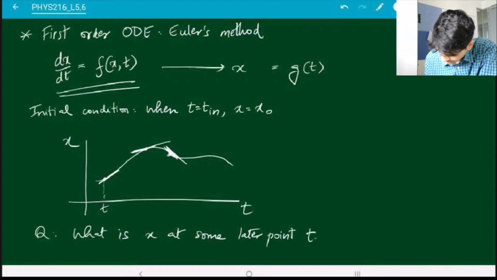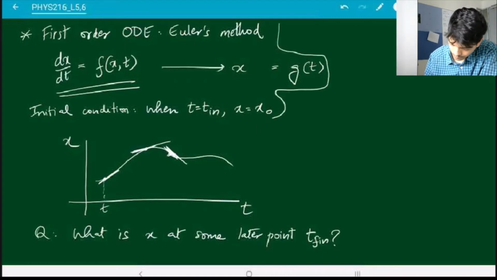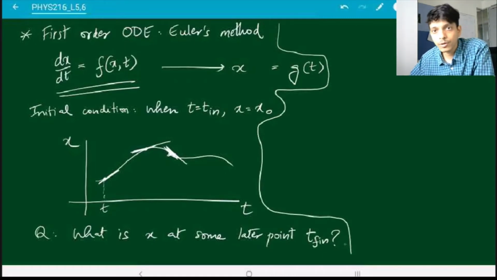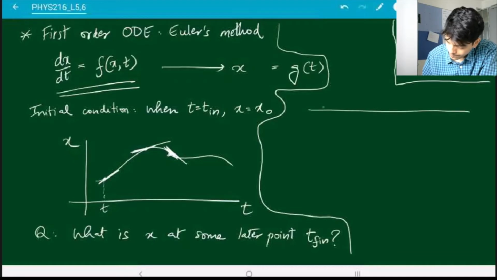Let's call it t final. This is the question that I want to answer. So I am going to divide out my entire interval from t initial to t final into n steps.